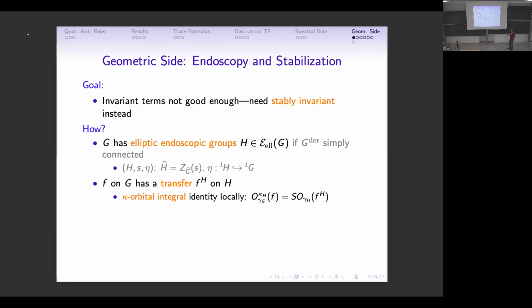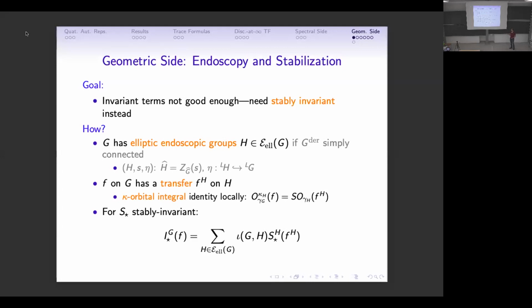And it's defined by some kind of identity on orbital integrals, where a linear combination with non-constant signs of the orbital integrals in a stable conjugacy class equals the stable orbital integral on H. And then there's this expansion that for some distributions that are made up of stable invariant terms called S, you can write I as a sum over these elliptic endoscopic groups of that distribution for the endoscopic group of the transfer.